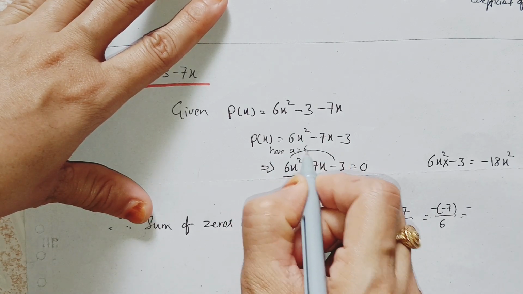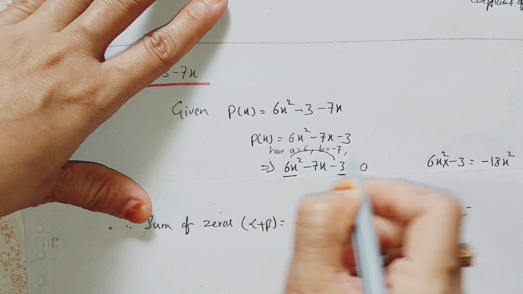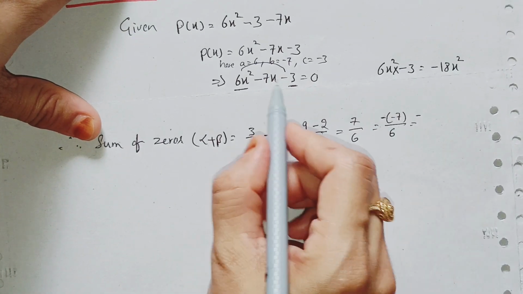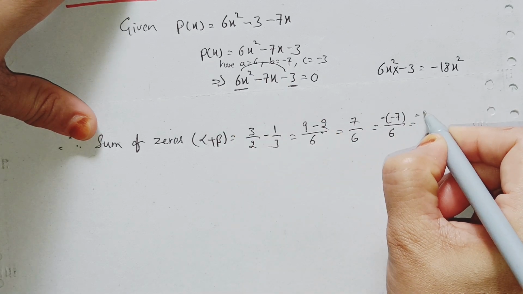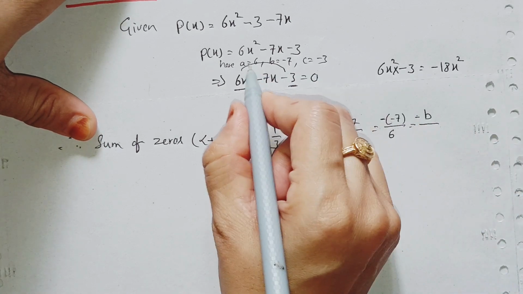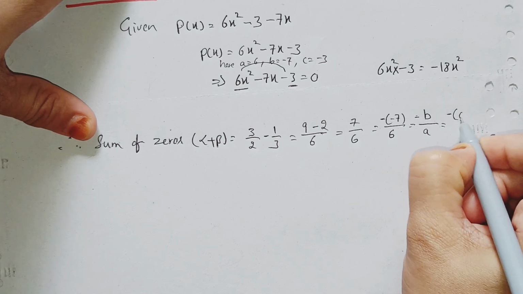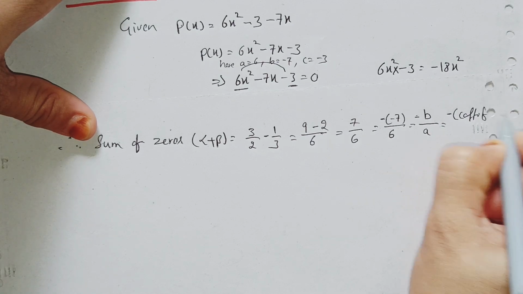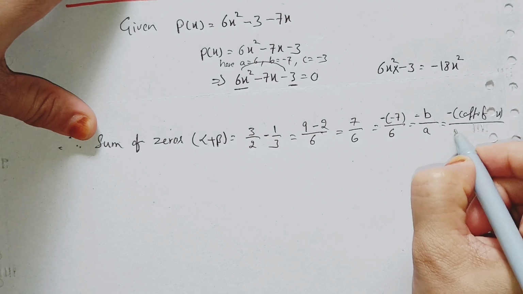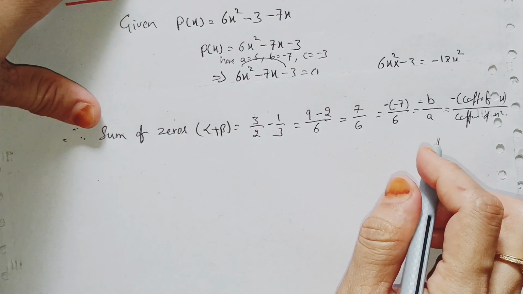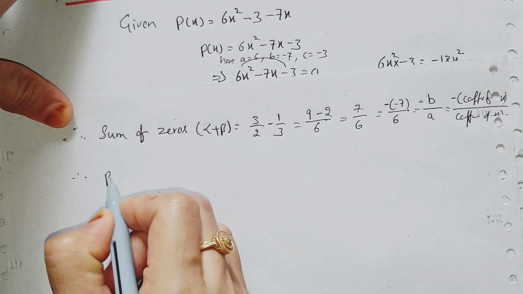Here a equal to 6, b equal to minus 7, c equal to minus 3. Minus 7 is nothing but b. Therefore minus b by 6 means a. That implies this is minus of coefficient of x divided by coefficient of x square. Got it? Now we'll do the product.